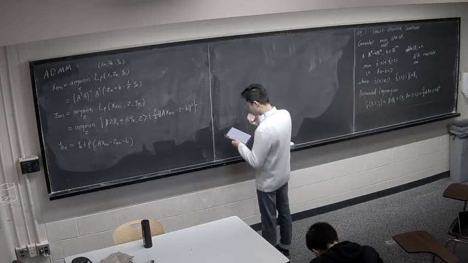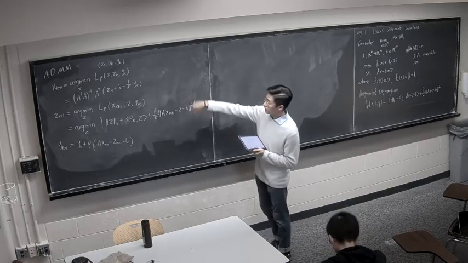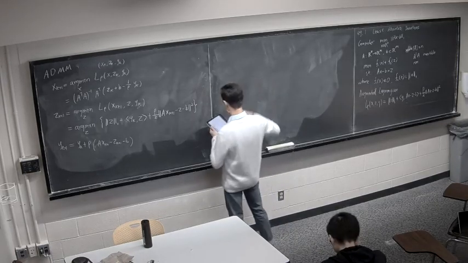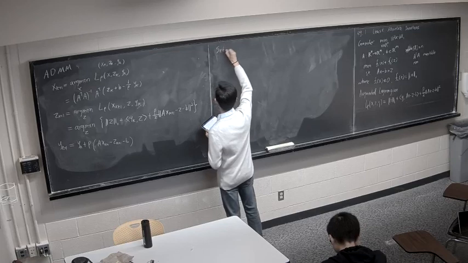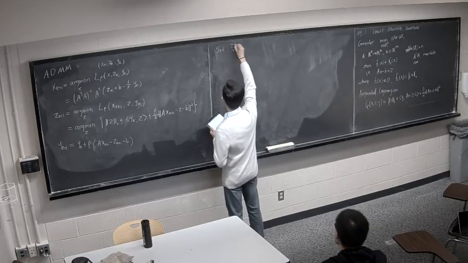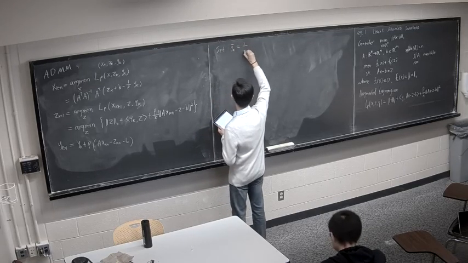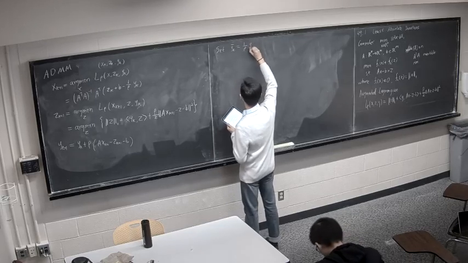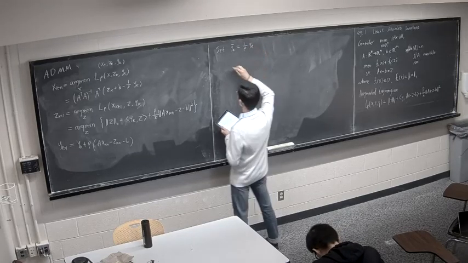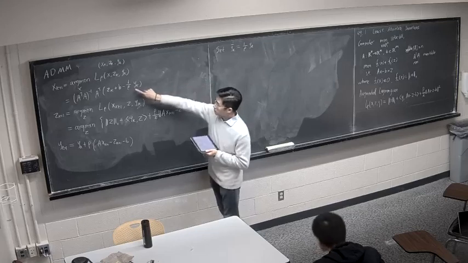Now let's do a reformulation to simplify the three updates. So let's now set y_k bar to be y_k divided by rho. Then this becomes y_k bar, right?